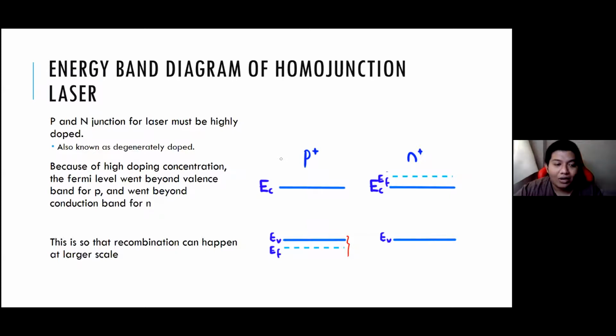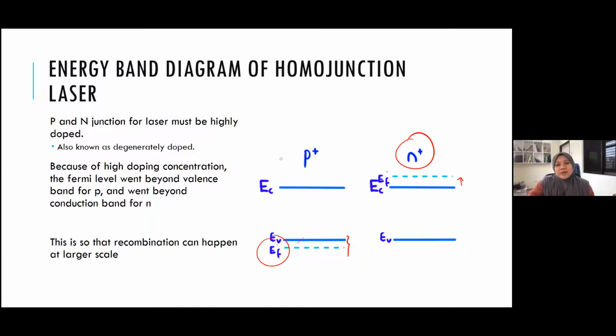And for the N junction, the Fermi level would be increased more compared to the conduction energy band because of the degenerate doping. This doping is because we want to increase the number of electrons in the conduction band for the N side, and we want to increase the number of holes in the valence band for the P side.